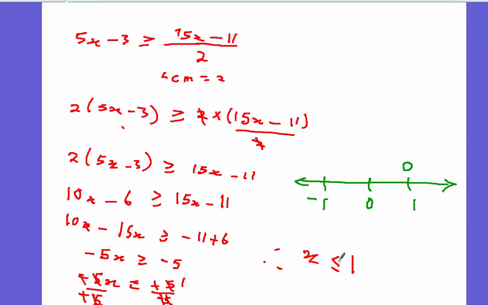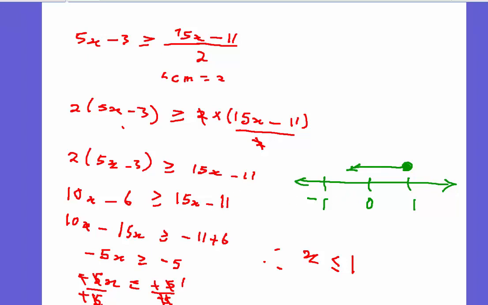Good. Then look at this sign: less or equal. Because it is less or equal, the circle will be shaded, and then the less or equal will move in this direction. So that is the answer to the first question in the BECE.